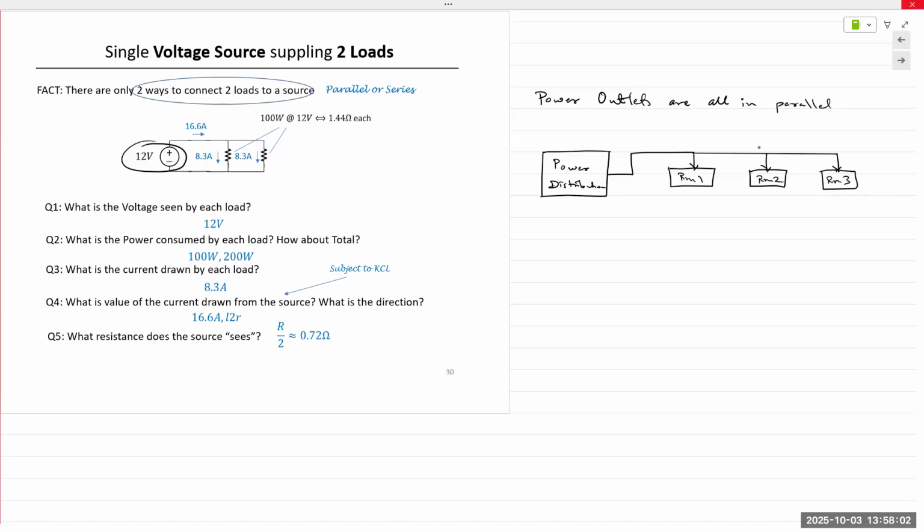So each one of these circuits, they're all in parallel, but if we want to separate it out, what we do is we put a circuit breaker. Individual circuit breakers right here.